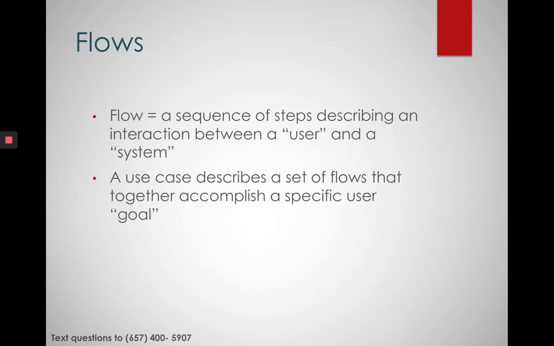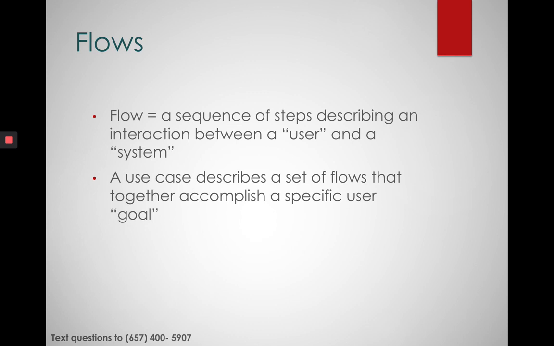So I mentioned that use cases have a flow, right? They have multiple flows. A flow is just a sequence of steps that describe an interaction between a user and a system. So each flow corresponds to some single path through a use case. And the use case itself usually has one or more flows, where each one is one way to accomplish a specific user goal. For the most part, we can have exception flows, which we'll get to later.